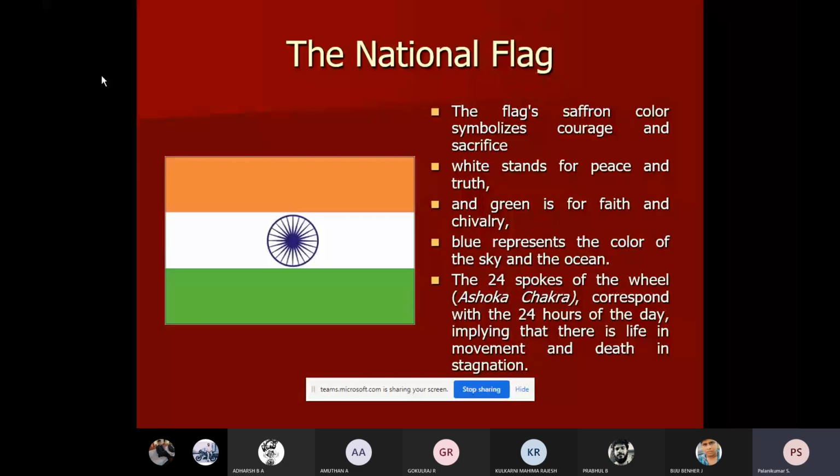The 24 spokes of the wheel, called the Ashok Chakra, correspond with the 24 hours of the day, implying that there is life in movement and death in stagnation.